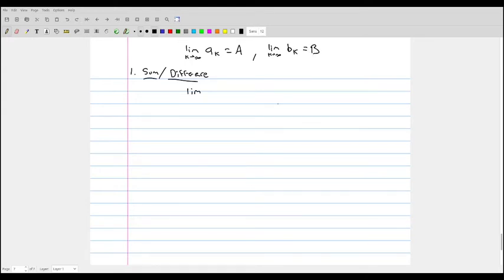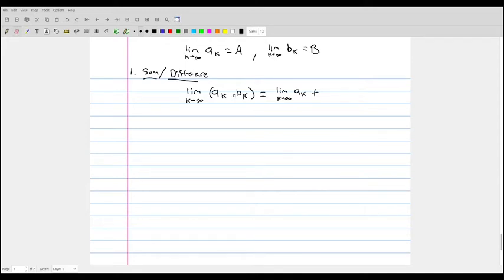A and B say, we can always say that the limit as k goes to infinity of ak plus bk is the same as the sum of the individual limits of each, and this is sum or difference.